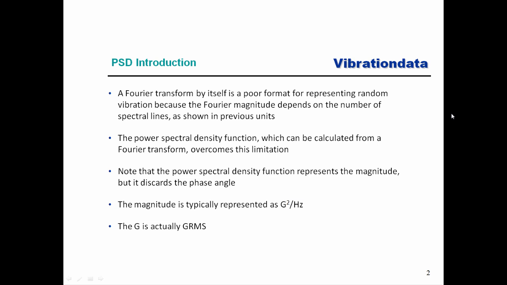The power spectral density function is going to represent the magnitude, but it will discard the phase angle. When we were doing our Fourier transforms and fast Fourier transforms in previous units, we came up with plots that showed both the Fourier magnitude as well as the phase angle.